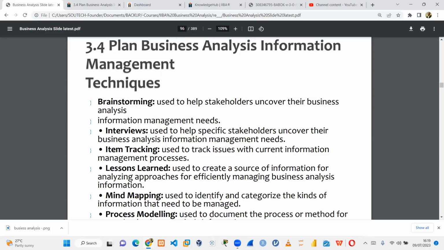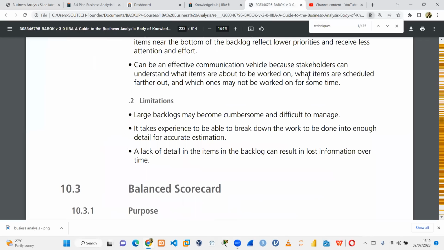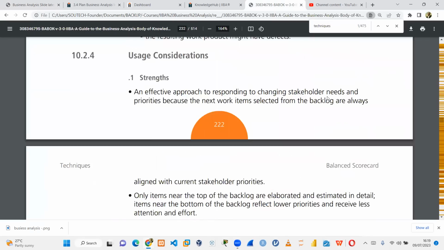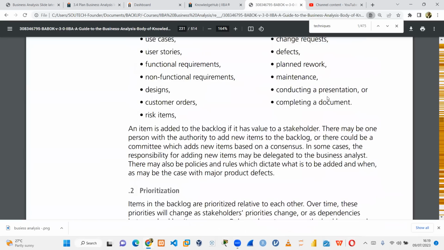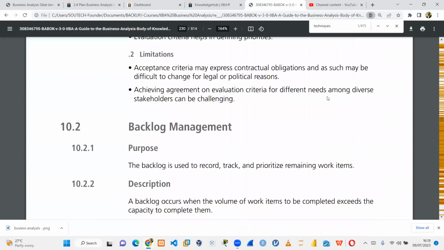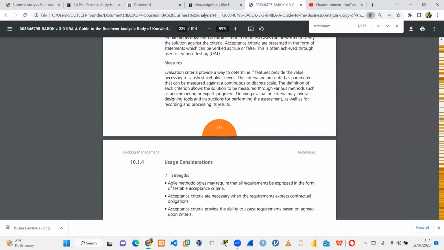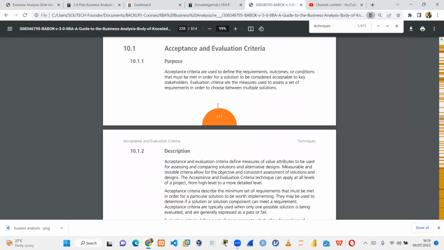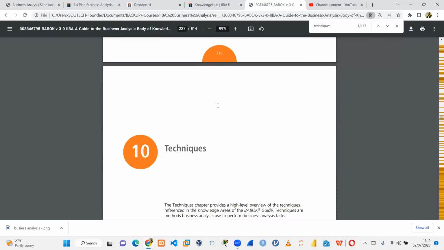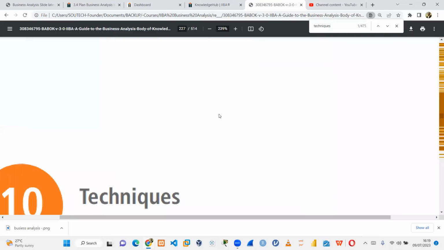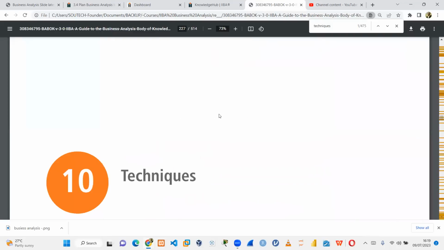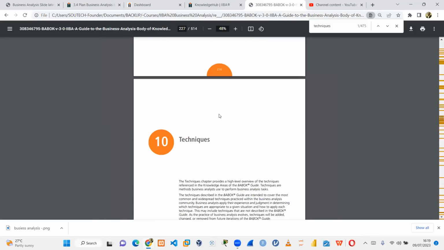One of the things you want to do is to look at the BABOK guide, where you have the 50 techniques, and start learning the techniques one after the other, from page 216 of the BABOK guide. You're going to see the techniques evolving in a lot of the knowledge areas.